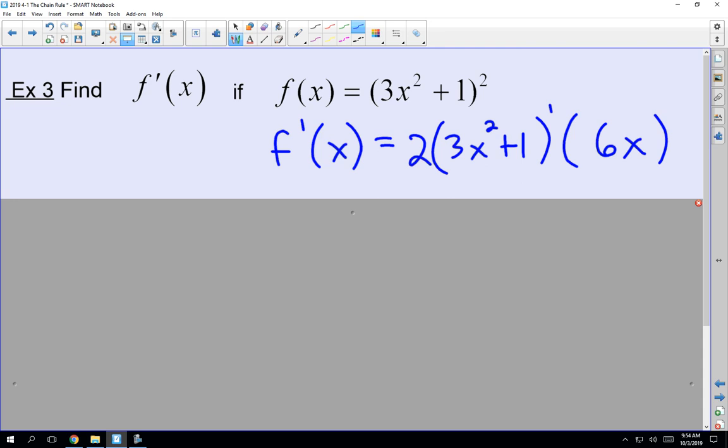Implicit would mean it's not necessarily in y equals form, it's just an equation with x's and y's in it. So remember all those conic sections we did? You can actually implicitly differentiate all those relations, those conic sections and stuff. It's a way to take an implicit relation and find the derivative of it.